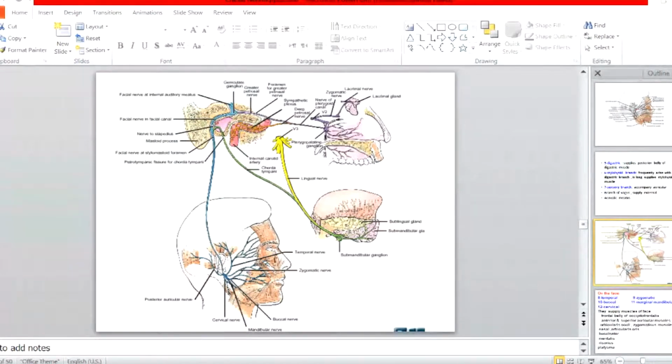These are branches of the maxillary nerve. The greater petrosal terminates on the neurons of this pterygopalatine ganglia.